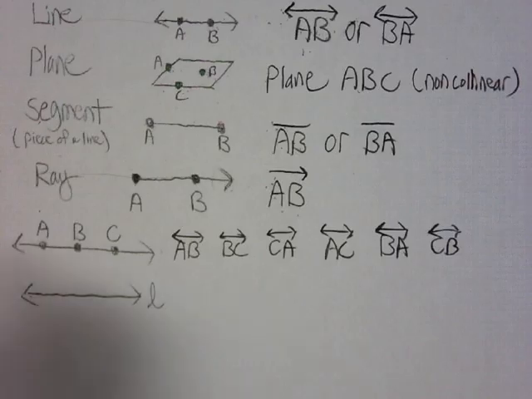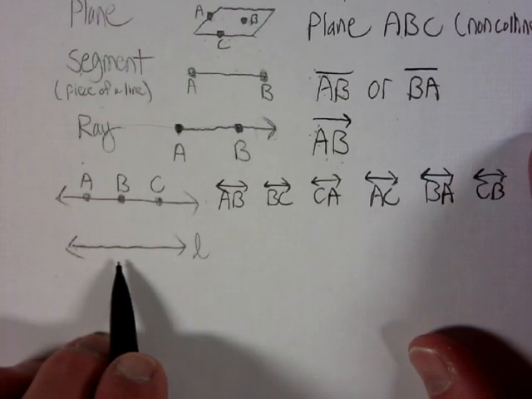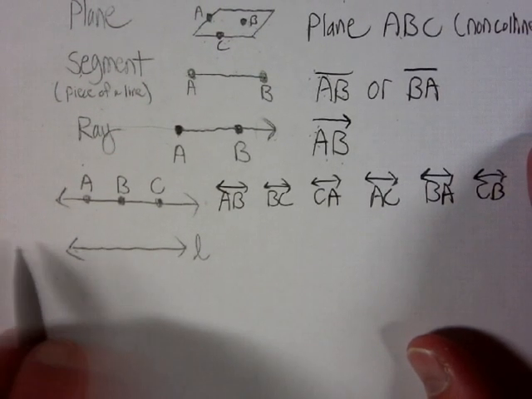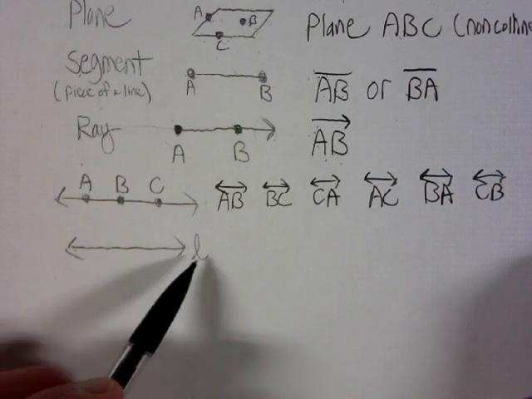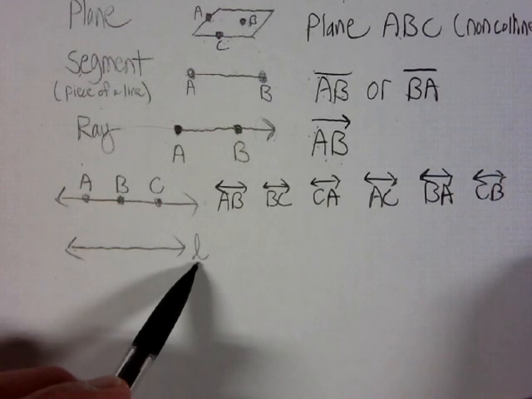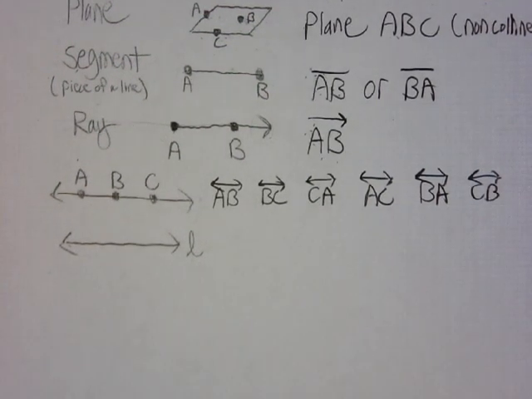Okay? Another special case, occasionally you will have no points that are labeled on the line. If that's the case, then many times the diagram will have a lowercase script letter at the end of one of the arrows, and you will use that letter to name the line. Okay?